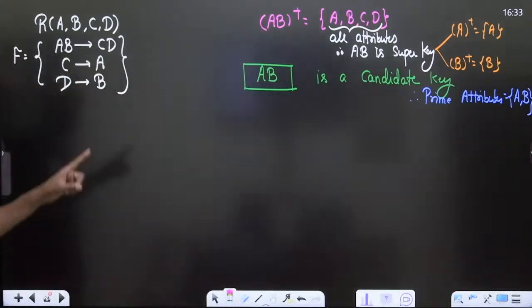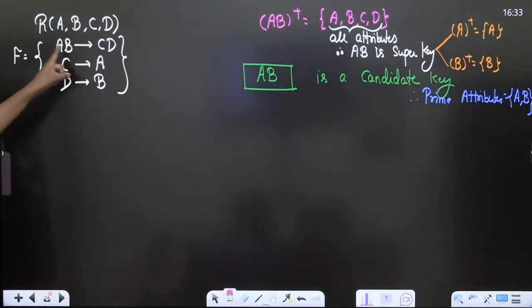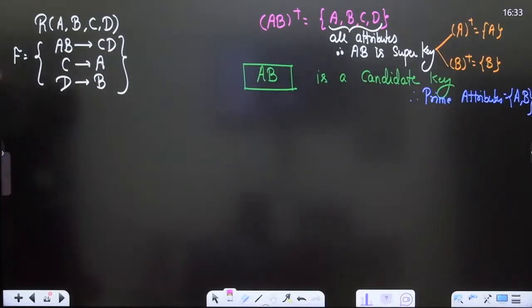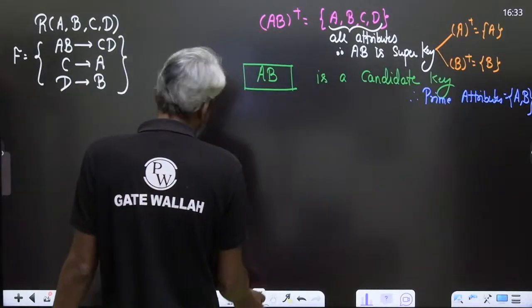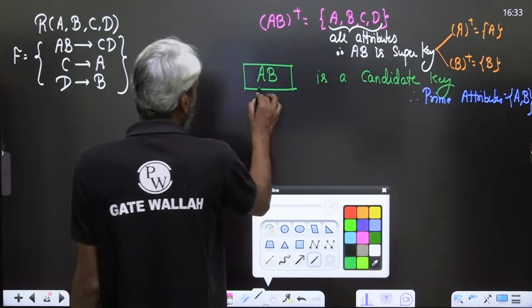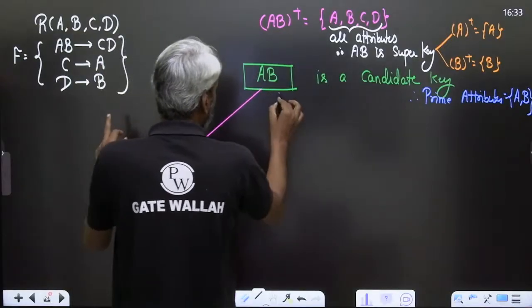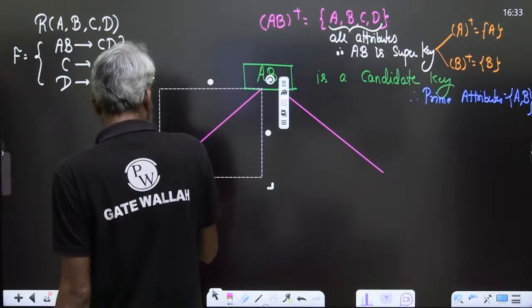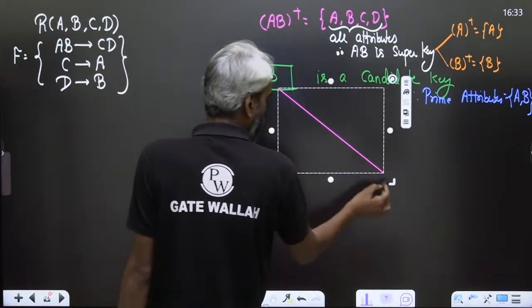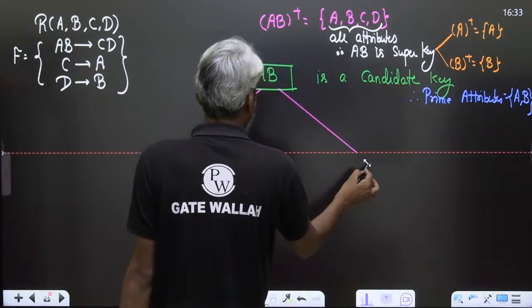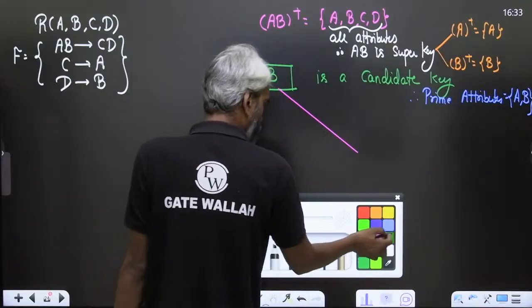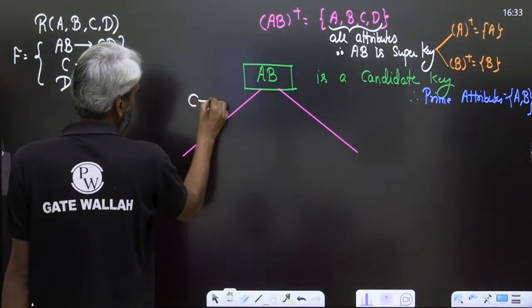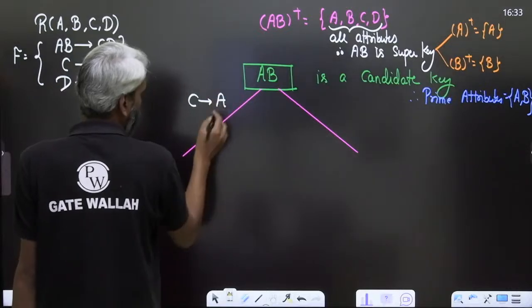Now the prime attribute A is present in the RHS of C implies A, and prime attribute B is present in the RHS of D implies B. So you have 2 different paths. One is C implies A, and this A is prime.